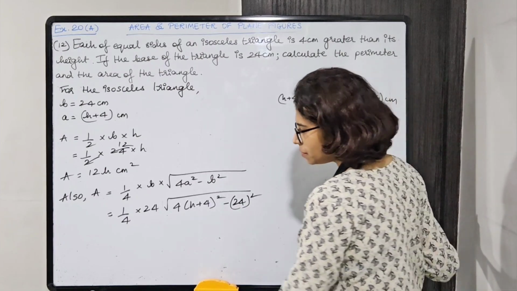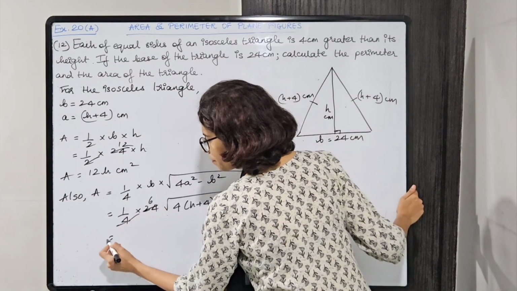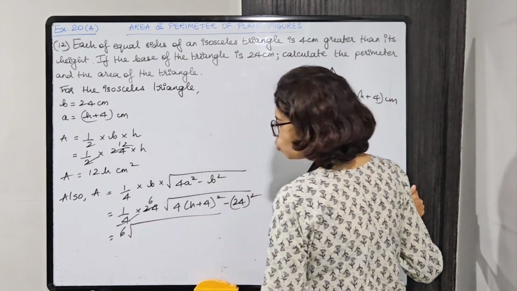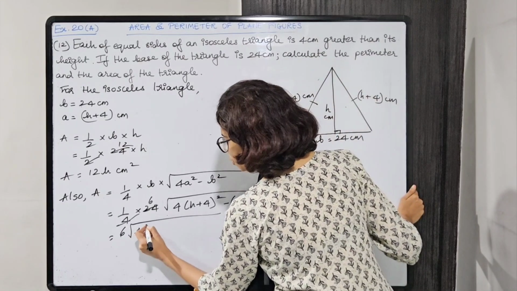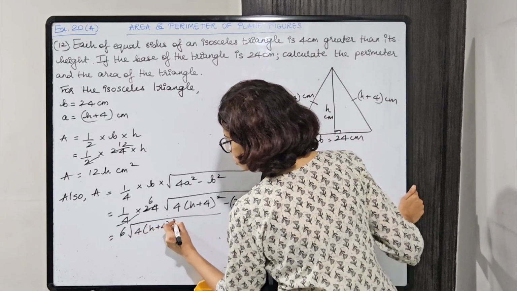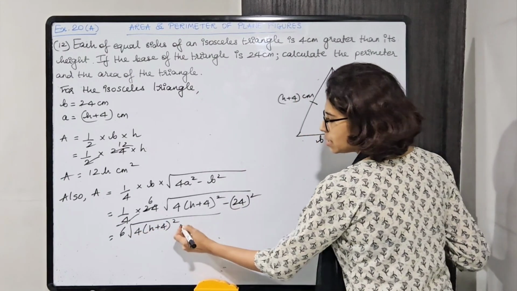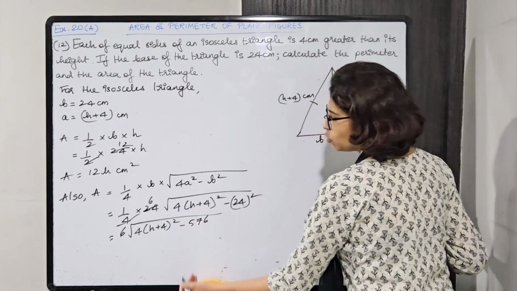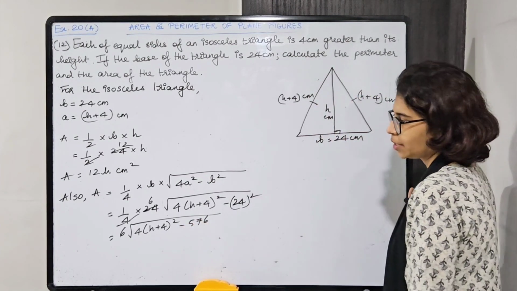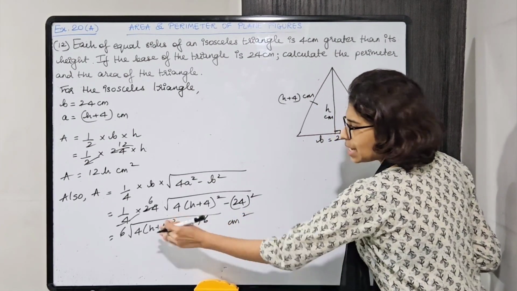Okay, 4 6 are, so 6 into root of 4 into (h plus 4) the whole square minus 24 का square. Okay, keep this as it is.